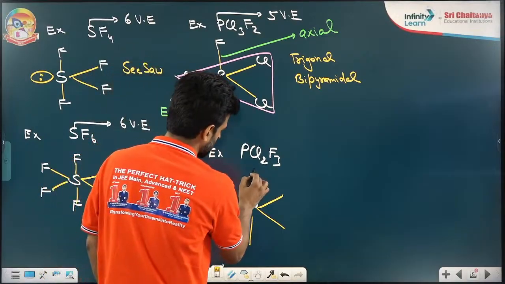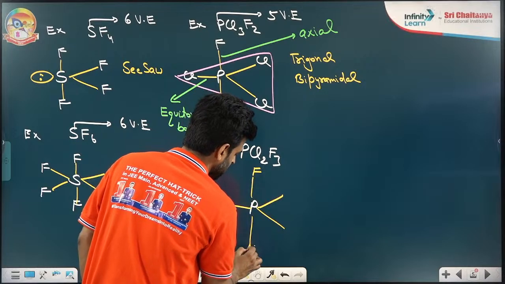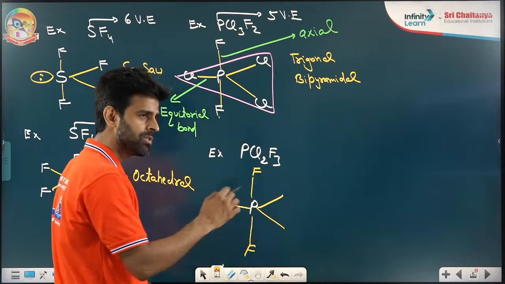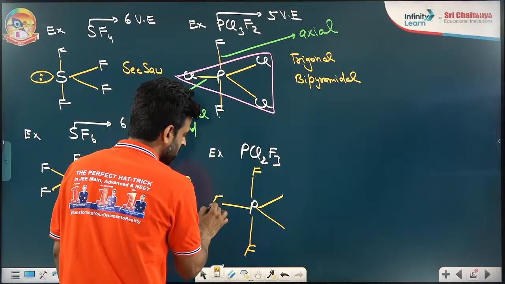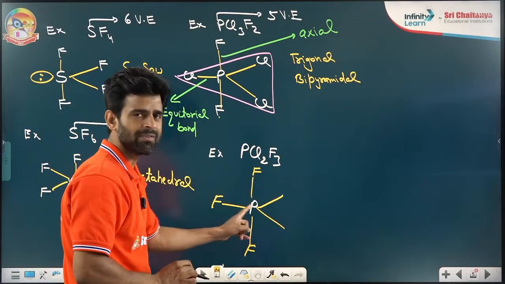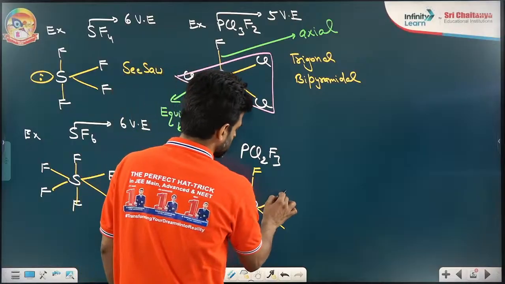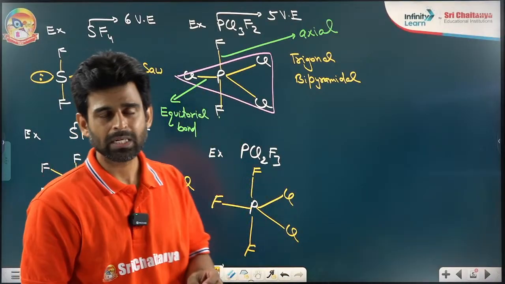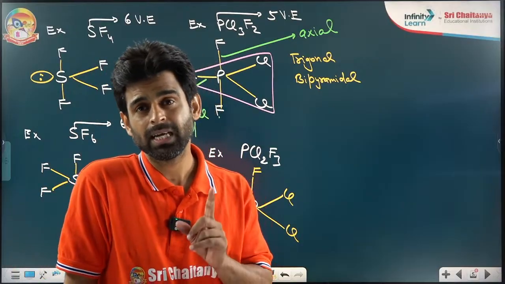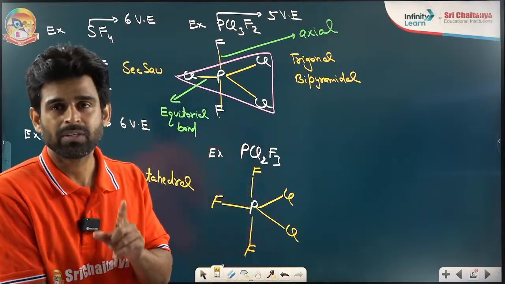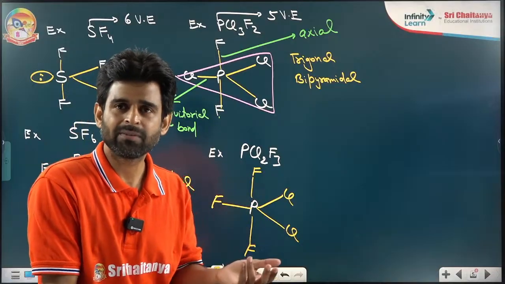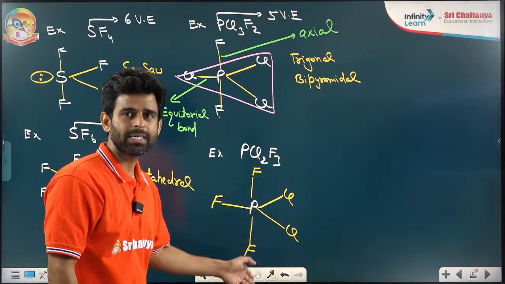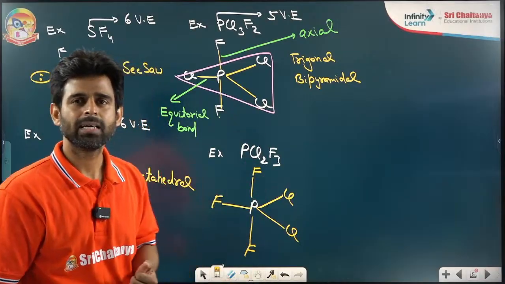So I will say, okay, fluorine here. Now axial are fulfilled, right? So definitely I have to put the third fluorine on equatorial. And definitely the remaining 2 also on equatorial, right? So the more electronegative atom will come on the axial, not on equatorial. When there is nothing left, then I have to keep fluorine on equatorial also, because axial is already occupied by fluorine.